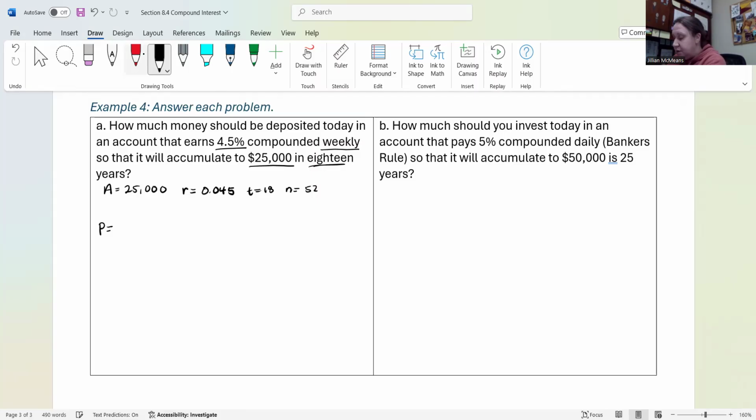So P equals A, which is $25,000, divided by parentheses 1 plus R, which is 0.045, over N, which is 52, raised to the N times T power. So raised to the 52 times 18 power. And I would certainly expect you to use a calculator here, okay? Be really careful with these formulas.